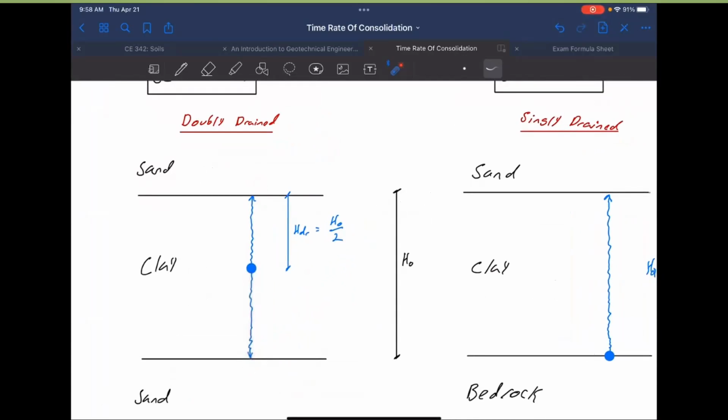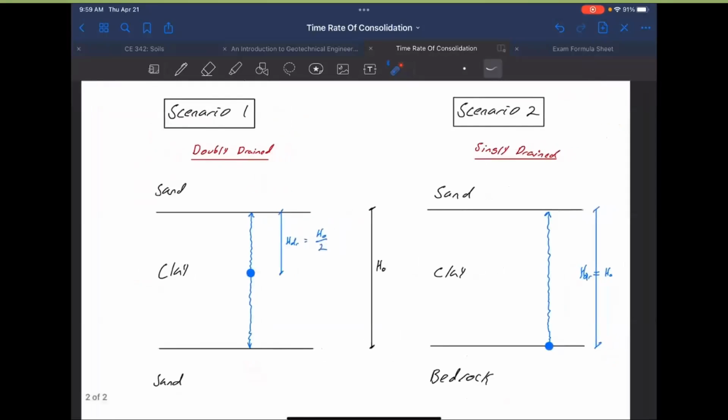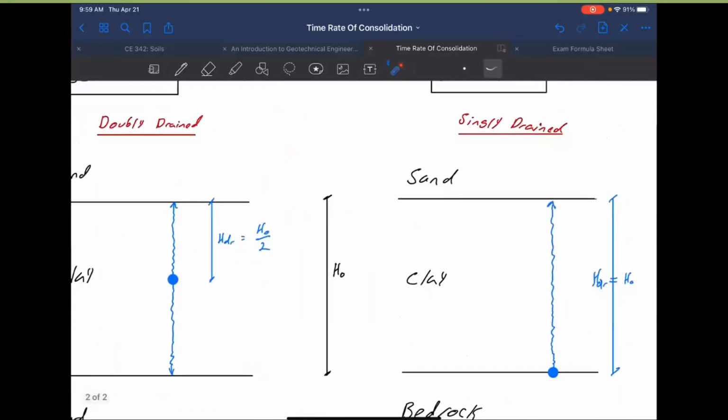And therefore, our drainage length, which is the longest possible path that water will take, would just be this distance right here, which is the length of our layer divided by 2. And because our water in our clay layer seeps out through 2 directions, we consider the clay layer to be doubly drained.